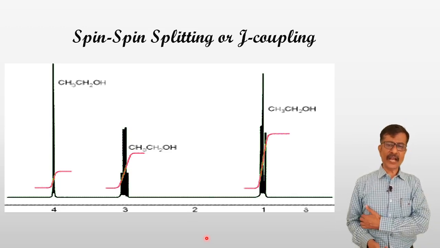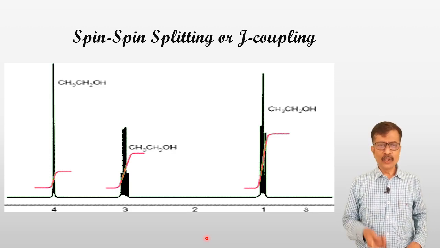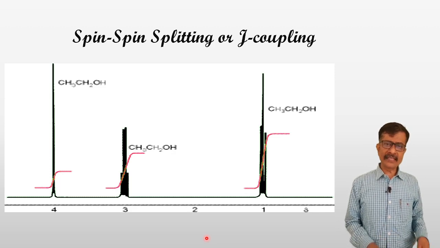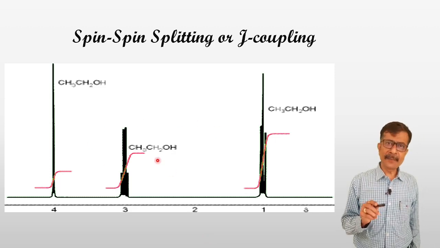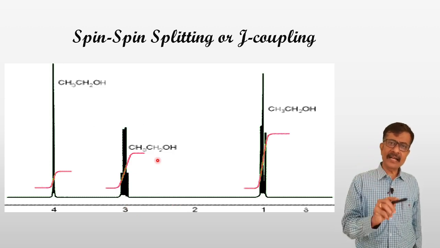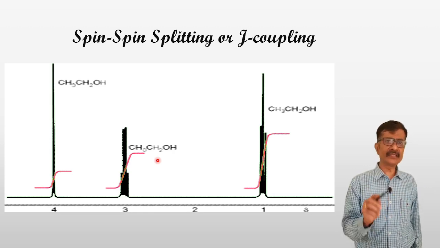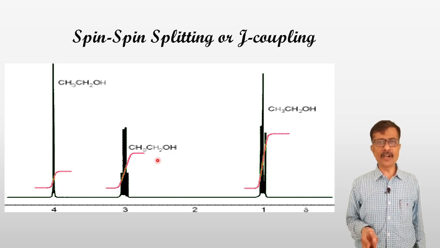This is another factor that gives information about who is a neighbor of that functional group. The spin-spin splitting is decided by the number of protons on the adjacent carbon. I am saying on the adjacent carbon. If there is a heteroatom, then this spin-spin splitting effect will not be observed.